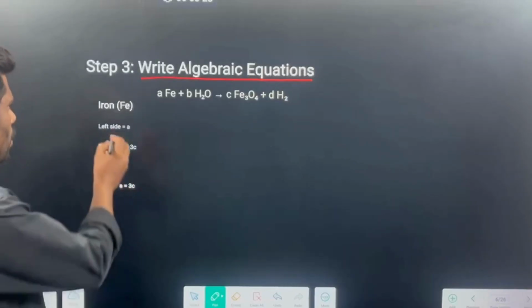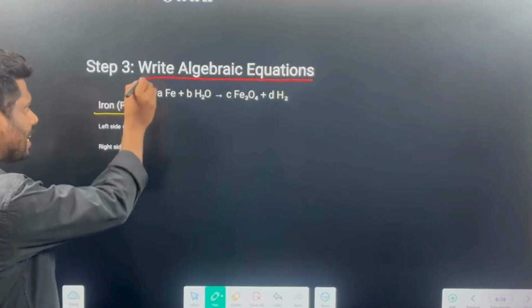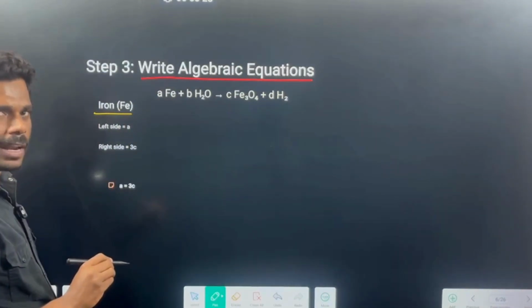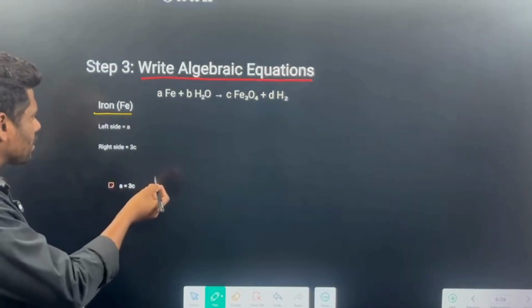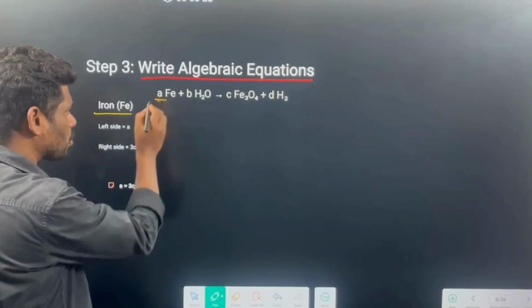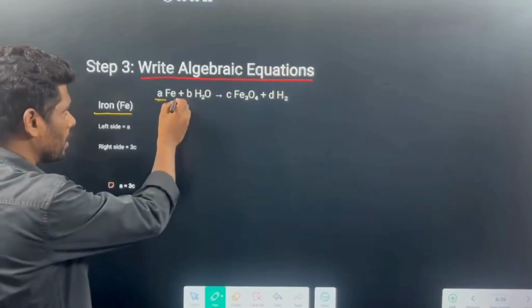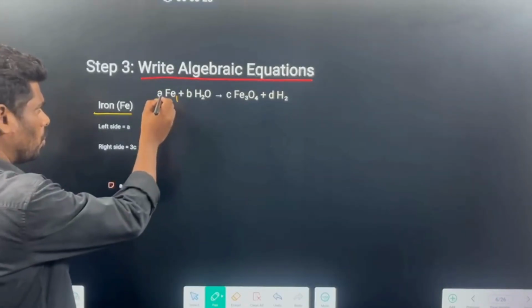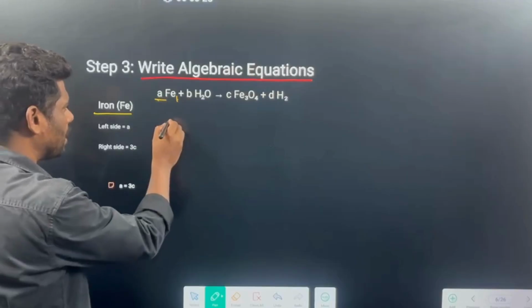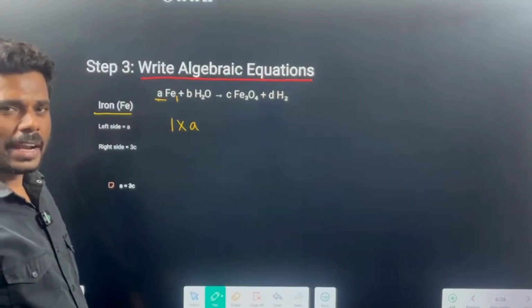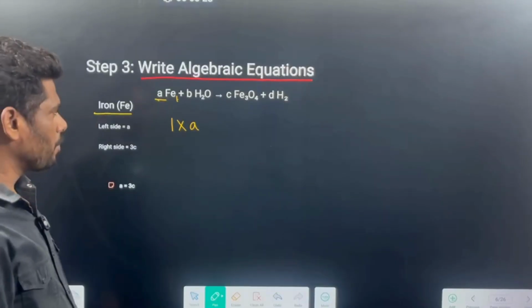For that, first in this equation, let us consider iron as our atom for reference. Using that, on the left side, the iron atom has coefficient A and subscript 1. So 1 into A will give you the total number of iron atoms on the reactant side.